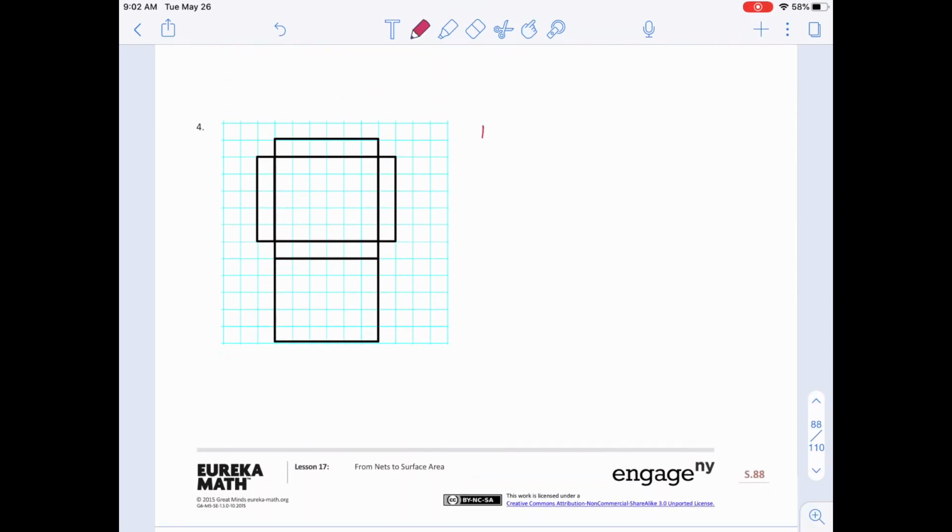Number 4 is a rectangular prism. We have 6 faces that are all rectangles, so that makes it a rectangular prism. So now for this rectangular prism, we have our first shape here. These 2 rectangles are exactly the same.